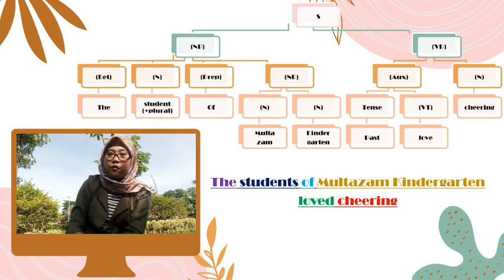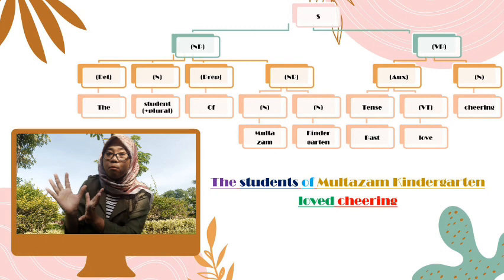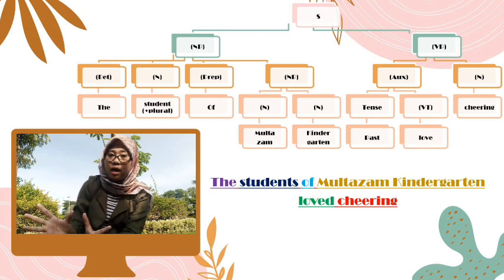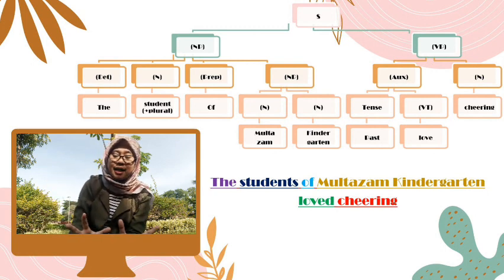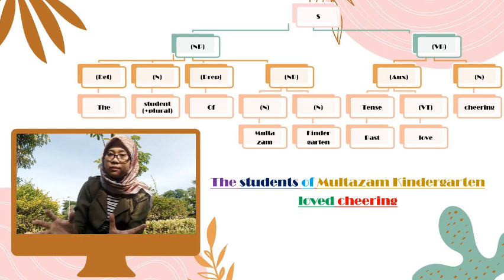And then the word of as a preposition here. We code it as prep. After the word of, Multazam Kindergarten is the noun phrase made up of Multazam as a noun and kindergarten as a noun also.